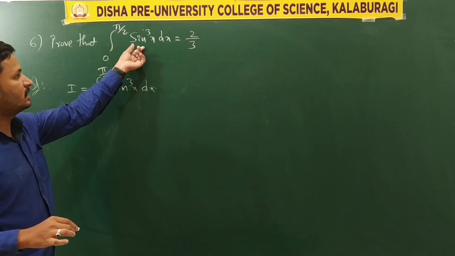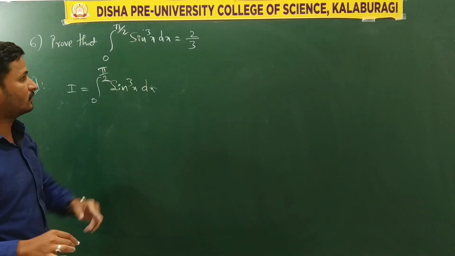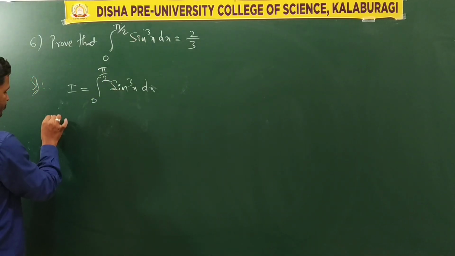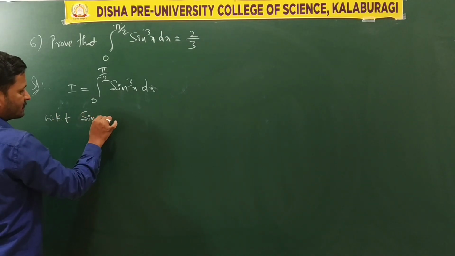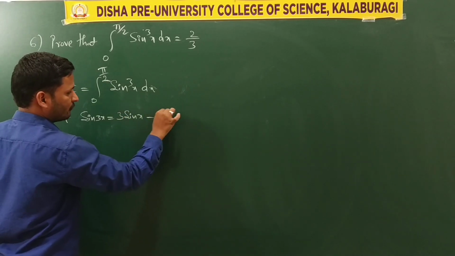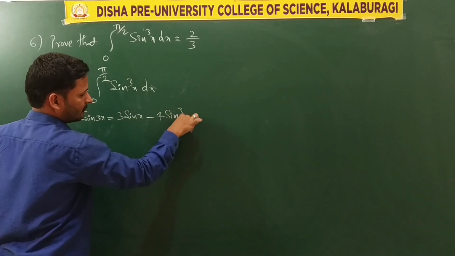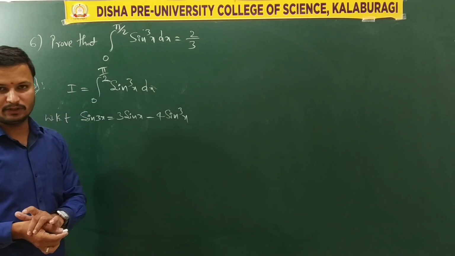Here I will use the sin 3a formula. We know that sin 3x is equal to 3 sin x minus 4 sin cube x.